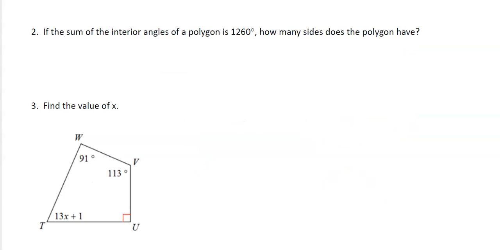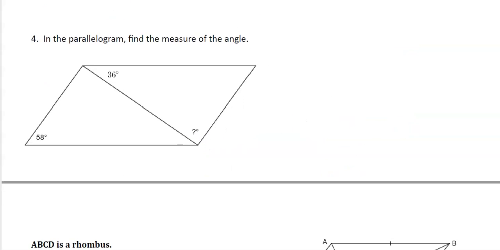Keep on going. Scrolling down to number 4, parallelogram, find the measure of the angle. So remember, a key feature of parallelograms is that we have parallel lines. So I can transfer this 36 down here as an alternate interior angle because those match. Now I have 2 out of 3.